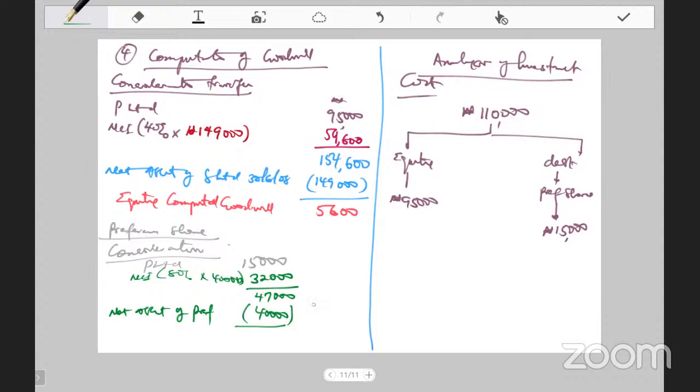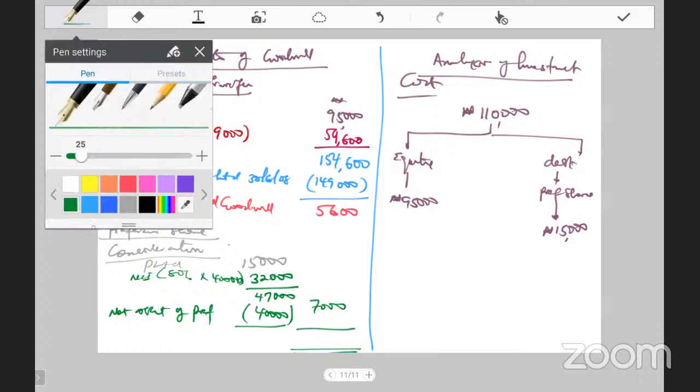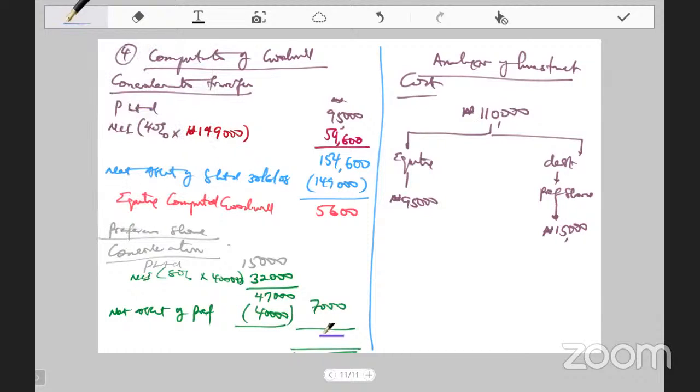7,000. So now look at this. I would have added this goodwill, but I was informed that there was an impairment of 5,000. That impairment concerns the equity. The impairment will be adjusted against the equity rather than the preference. So how much is the impairment, please? 5,000 naira.